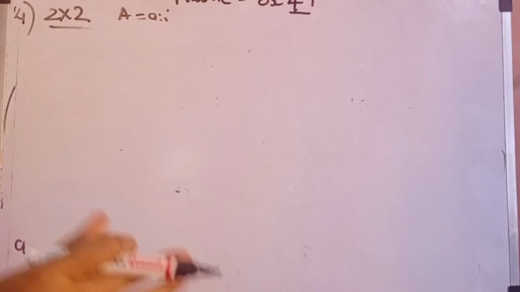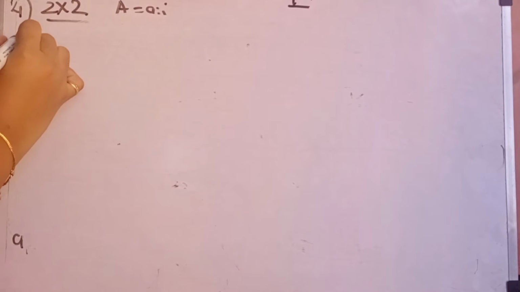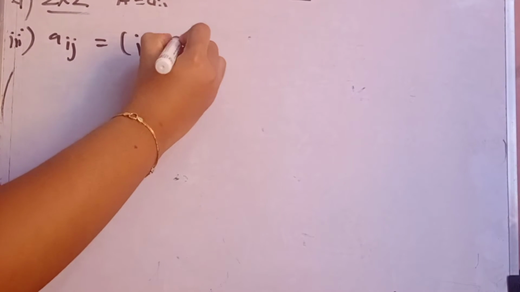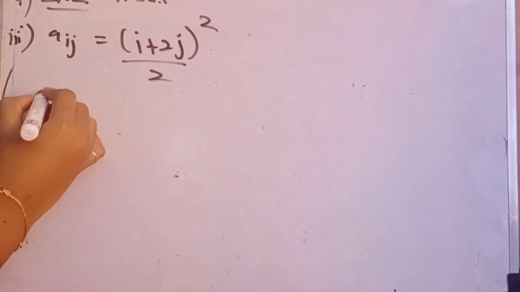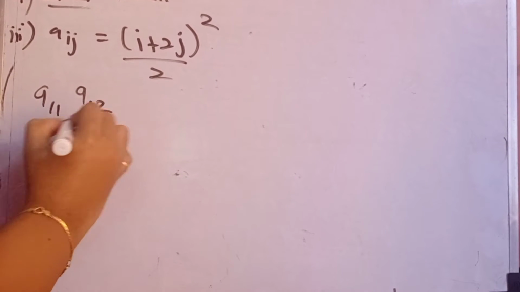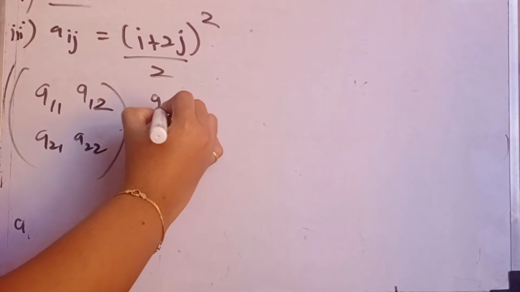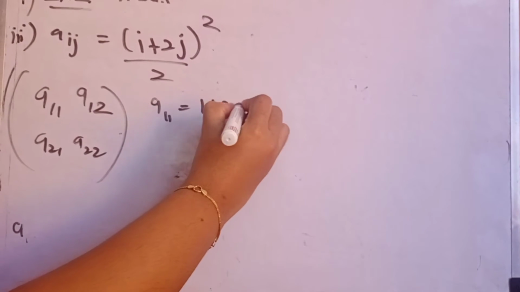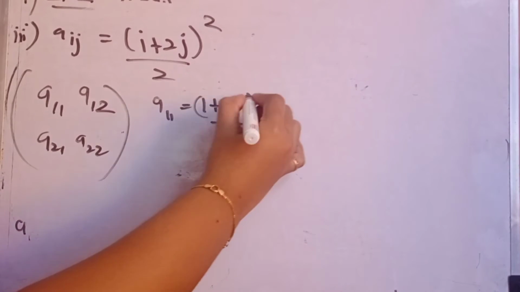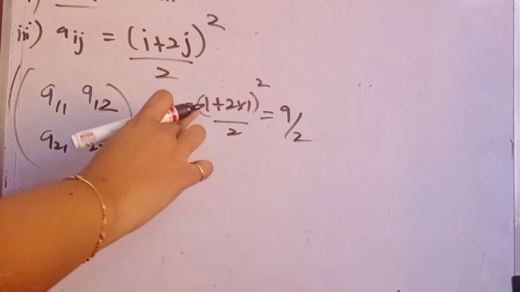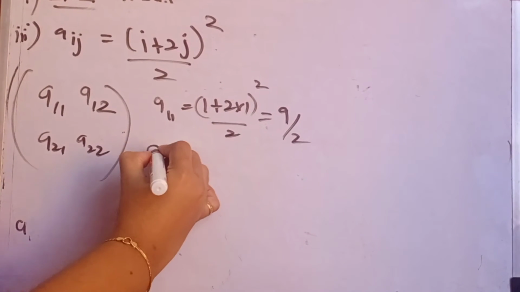For the third subdivision, they have given Aij is equal to (i plus 2j) the whole square by 2. Same thing, A11, A12, A21 and A22, right? For A11, (1 plus 2 into 1) the whole square by 2: 1 plus 2, 3, 3 the whole square, 9 by 2.